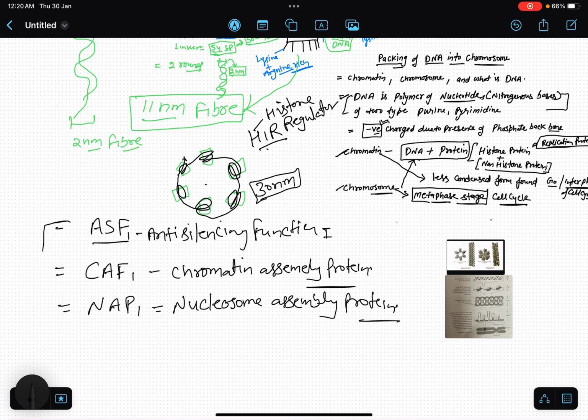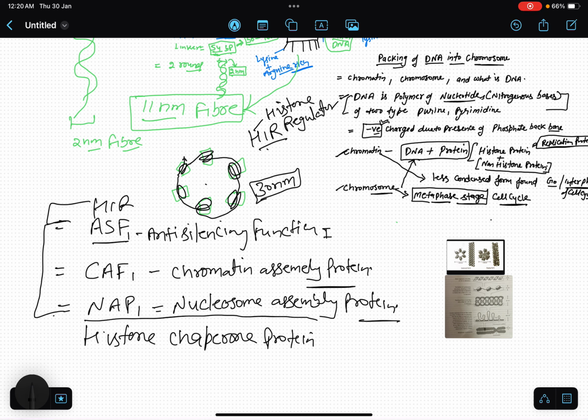These proteins are all known as the histone chaperone proteins. It's a special type of packing for histone assembly and formation of the chromosome. These are some proteins known as the histone chaperone proteins, and this is the 30 nanometer fiber.